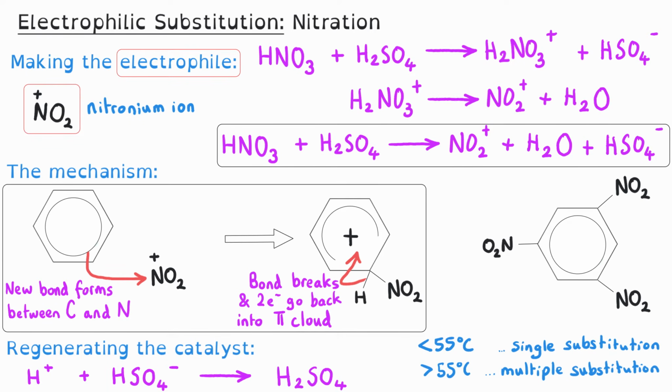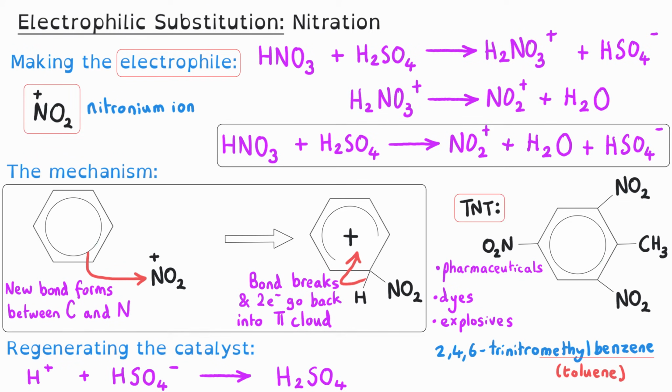This allows us to produce all sorts of different nitro compounds that have got a huge range of uses in things such as pharmaceuticals and dyes and explosives. By far the most famous nitrobenzene compound is TNT, which has got 3 nitro groups because we've had substitution occurring 3 times with this methyl benzene.